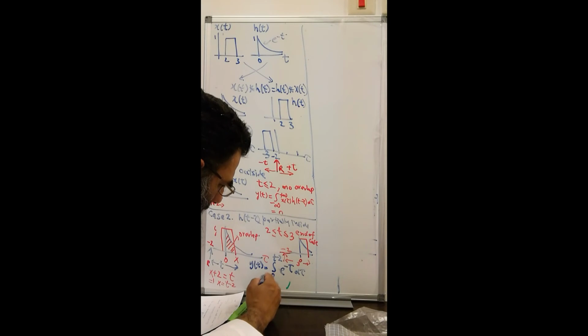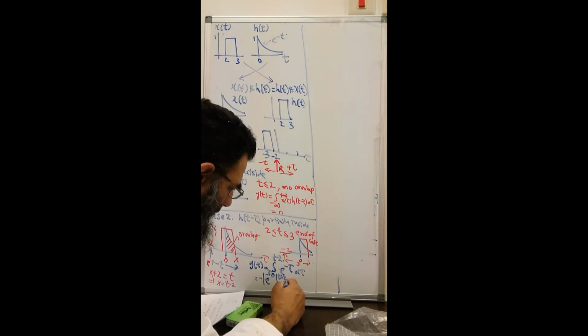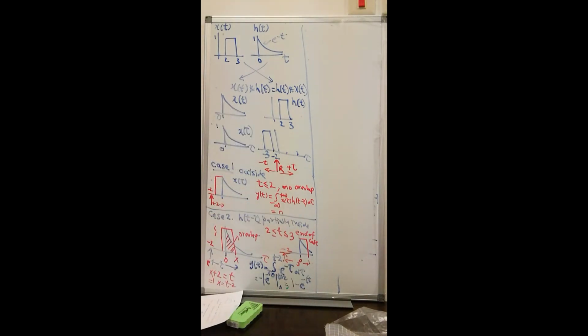Once we integrate it, the answer will be minus e raised to the power minus tau from 0 to t minus 2. This is negative, so that will be equal to 1 minus e raised to the power minus (t minus 2).